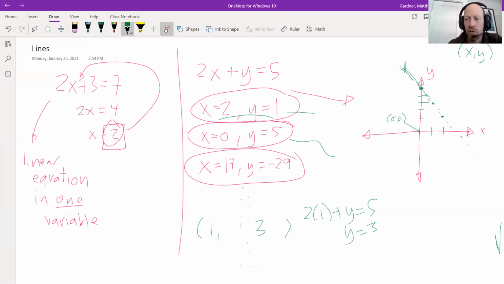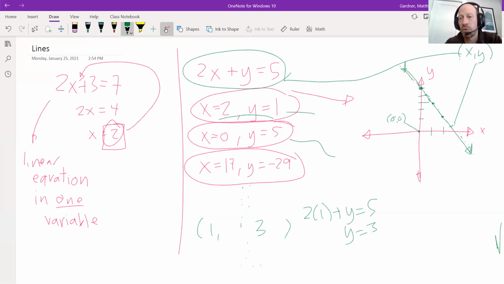So what we do is we just draw the line as a solid line, but that line represents, and this is an important idea, a whole series of points, infinitely many points. Each point is represented by some ordered pair, x, y, and each of those ordered pairs is going to make my original equation true.